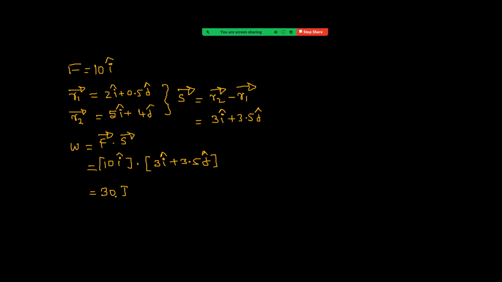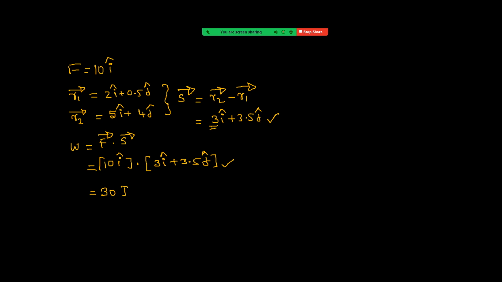But remember, the main purpose of giving this question is not to solve it like this. We have learned that whenever force is a constant, we can take the component of displacement along the force. Now see here, force is along the x-axis. The displacement component along the x-axis is 3.